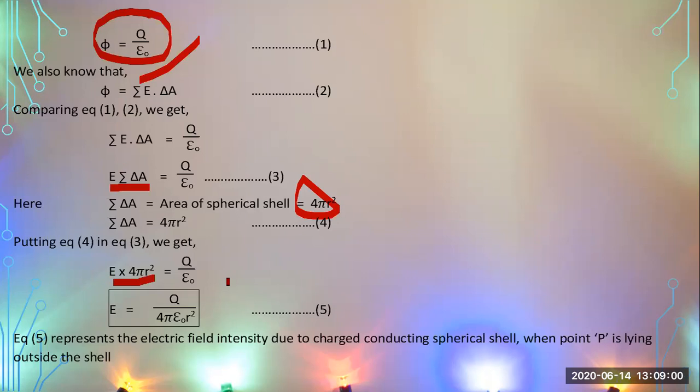So the electric field intensity is E equal to Q, the total charge residing over the surface of the sphere, divided by 4 pi epsilon naught r square. This represents the electric field intensity due to a charged conducting spherical shell when point P lies outside the shell.